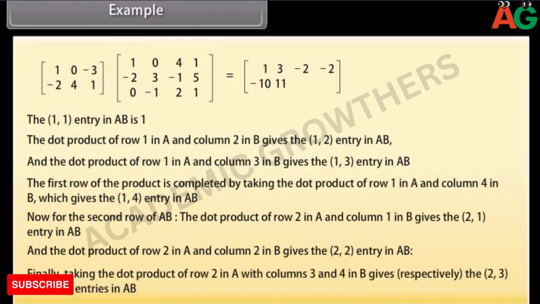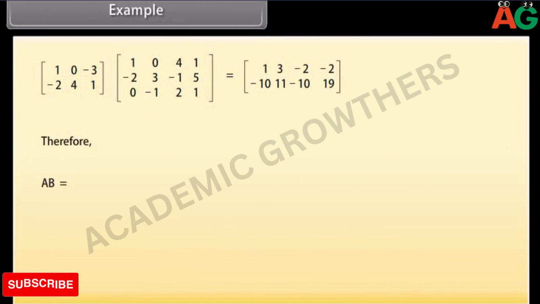Finally, taking the dot product of row 2 in A with columns 3 and 4 in B gives respectively the 2, 3 and 2, 4 entries in AB. Therefore, AB is the matrix, row-wise: first row 1, 3, -2, -2; second row -10, 11, -10, 19.